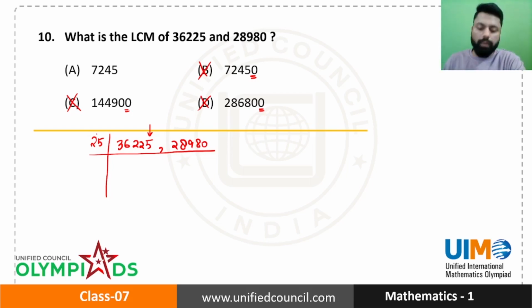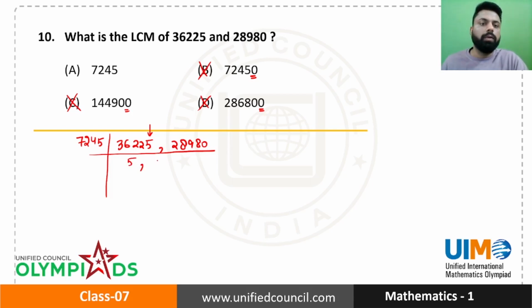So let's do one thing. Let's try to divide these values, 36225 by 7245. So this is 5 times. And 28980 by 7245.